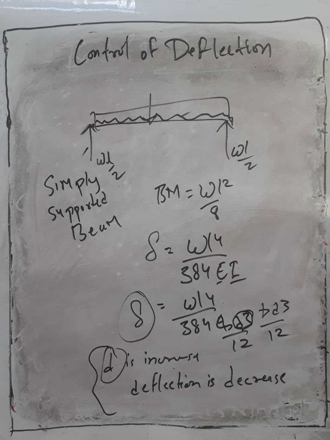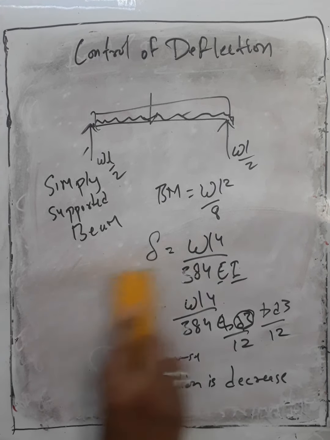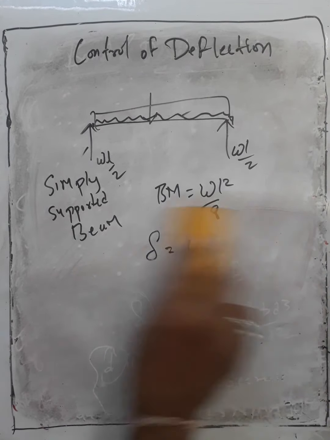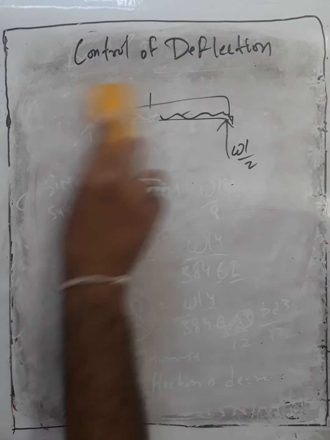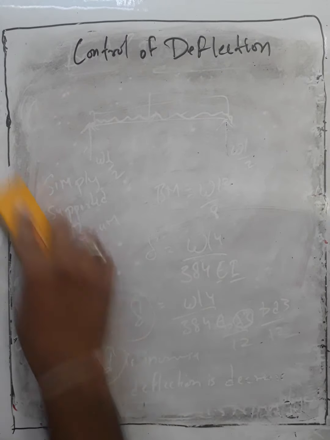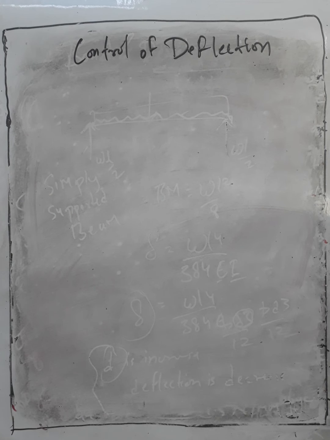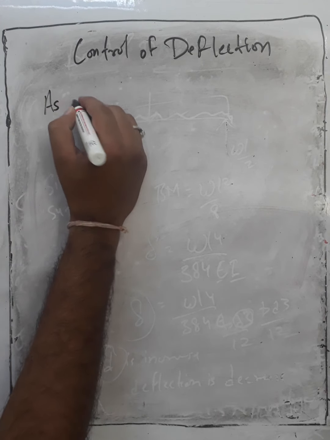Now we see the clauses which are given in our IS code 456:2000. There are some clauses for control of deflection given in the IS code.